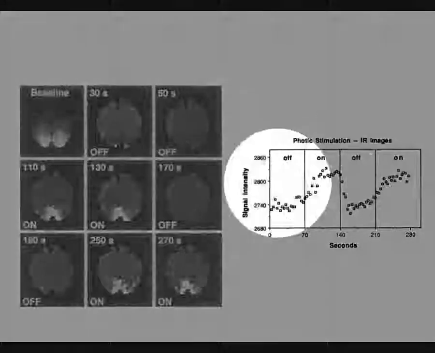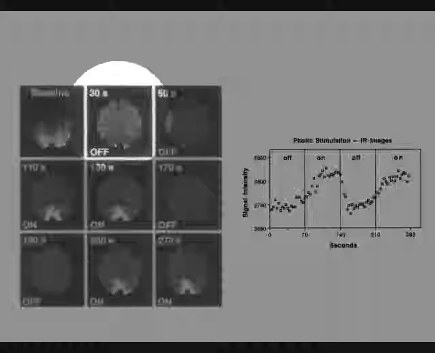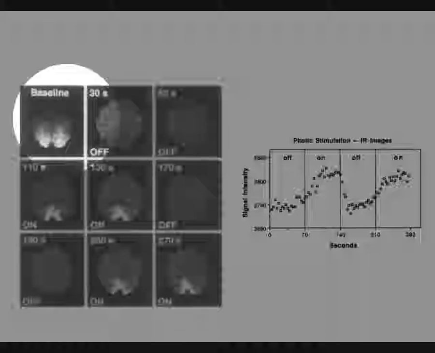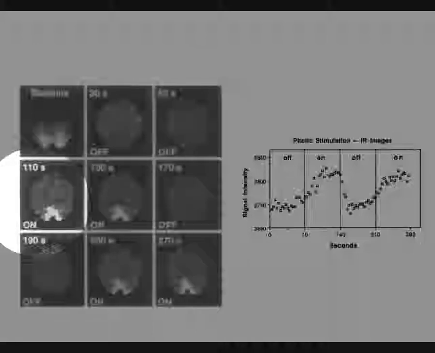And sure enough, what you can see here in the brain activity over time is brightness at baseline, which we can ignore. That's sort of everything's referenced relative to that. Then the off period, and then when the visual stimulus is on, you can see that it's particularly bright in the occipital lobe, so the back of the head.